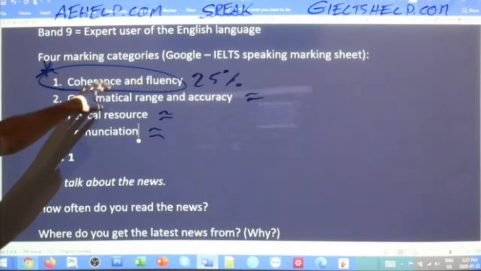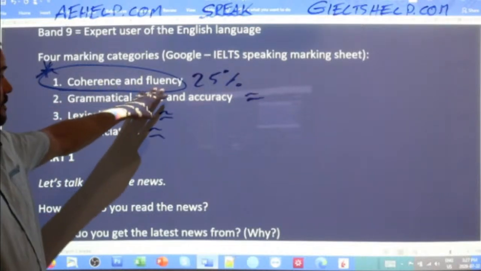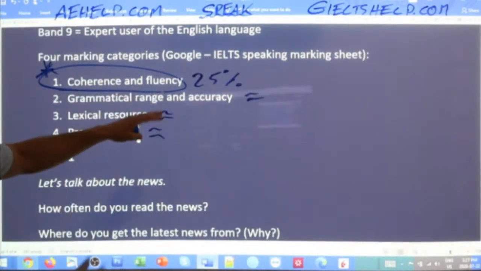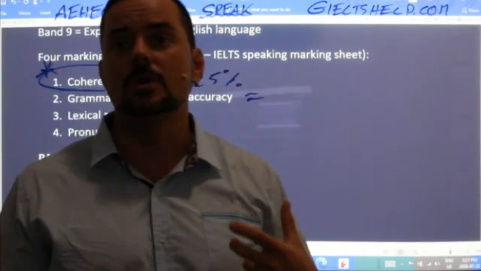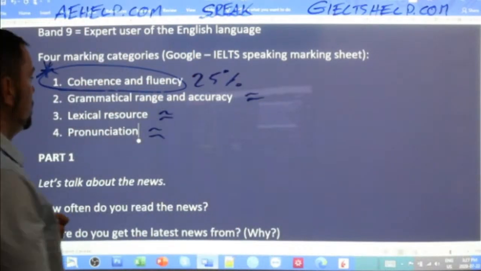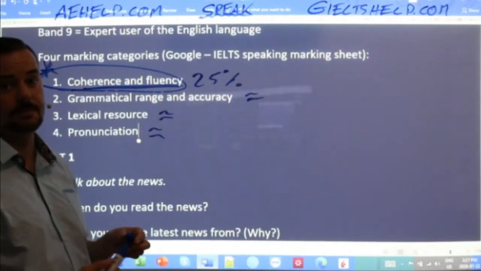But if you're not making sense, if you're not answering the question, which obviously often means that you're not speaking fluently either, then you can't get a very good score. So you really have to focus on coherency and fluency first of all.